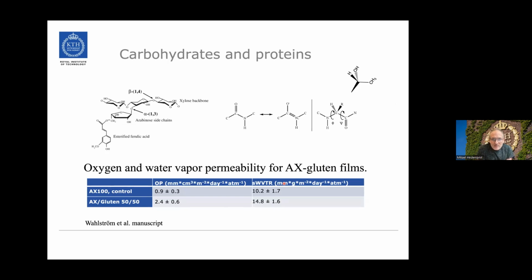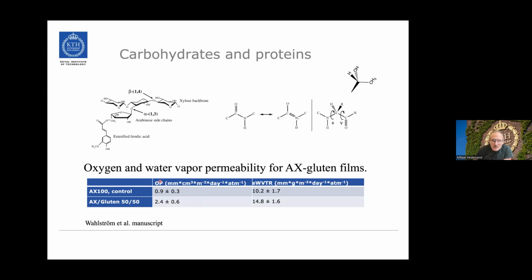This is just work we have done on glycoproteins, so materials that contain both a polysaccharide, in this case arabinoxylan, together with a protein, in this case gluten. And we've done oxygen permeability of the pure arabinoxylan and the one with 50% gluten.